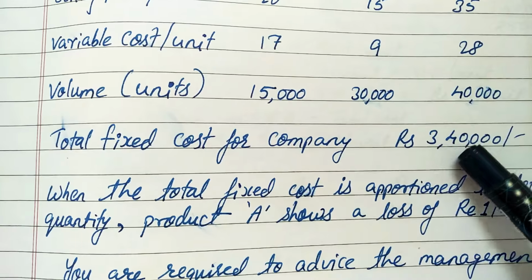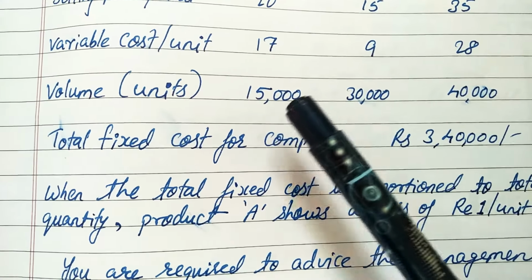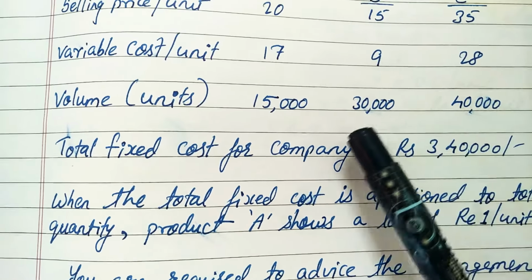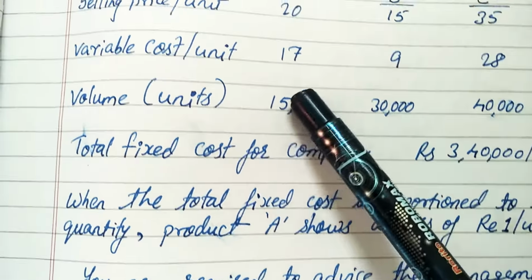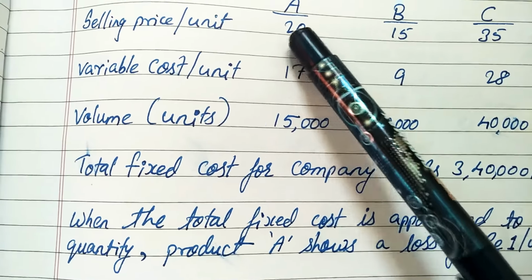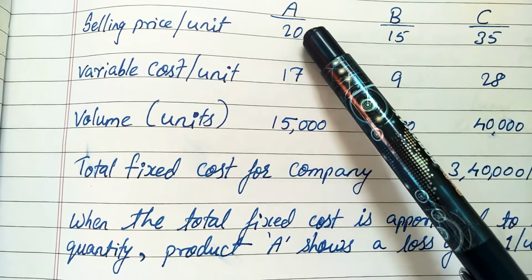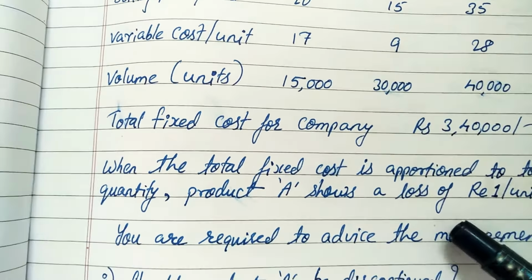That is, this total fixed cost, when it is apportioned to these many units, 15,000, 30,000 and 40,000, when we calculate the per unit fixed cost and when it is added to this variable cost, the total cost for A is greater than its selling price, leading to a loss of 1 rupee per unit.